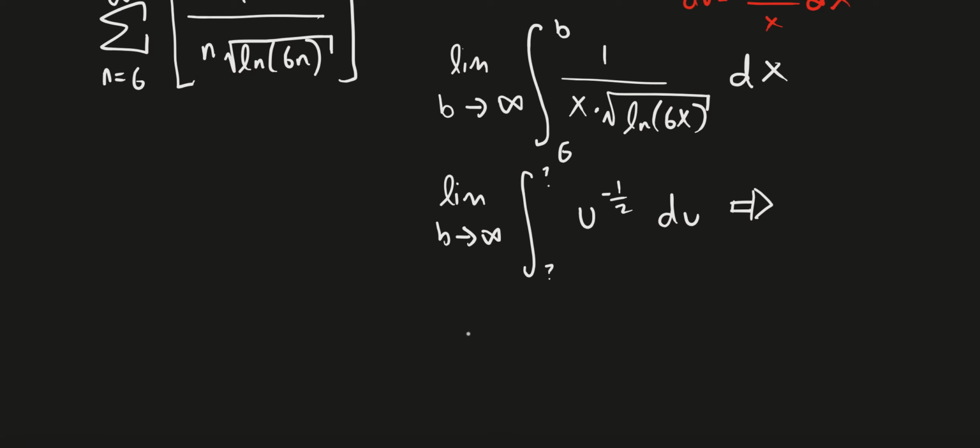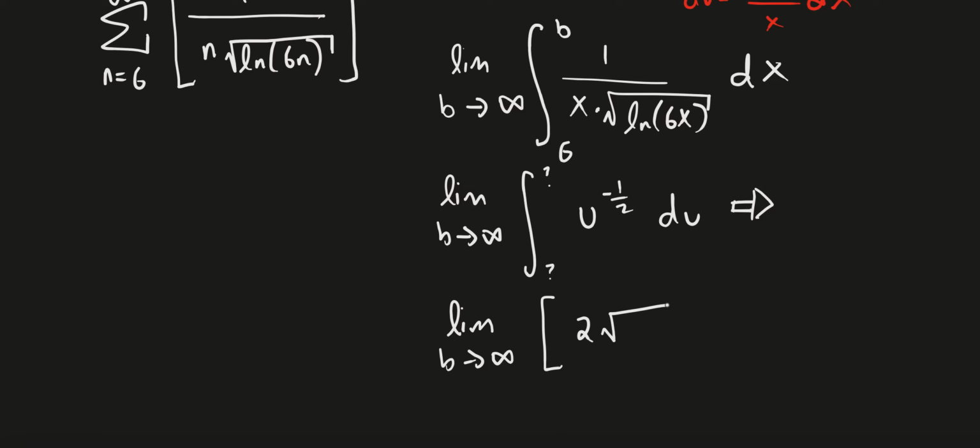So we end up with a limit as b approaches infinity of 2 times the square root of the natural log of 6x. Is that what we got? Yep, that's what we got as a result of this. And then we can go back to our b and our 6, so 6 to b, okay?